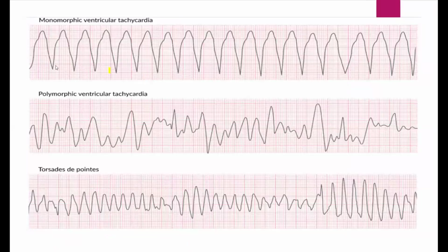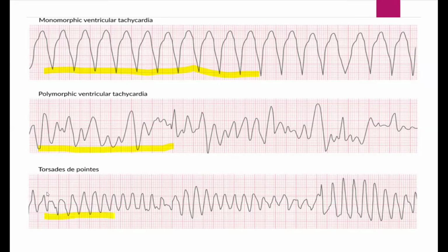So the other types of VTACs: you have monomorphic, where you have the same morphology, and then you have polymorphic ventricular tachycardia, and then you have Torsades de Pointes, a specific type of polymorphic ventricular tachycardia because of the morphology and because of the way it's treated. Torsades means twisting, and pointes means points, twisting of the points. I'll show you later in another slide.